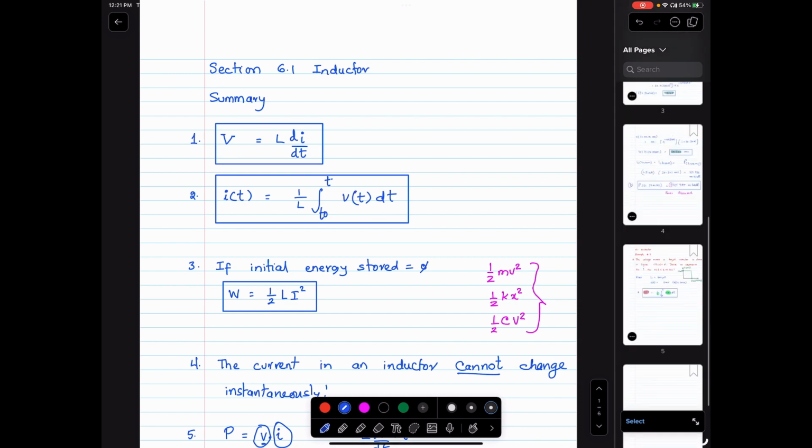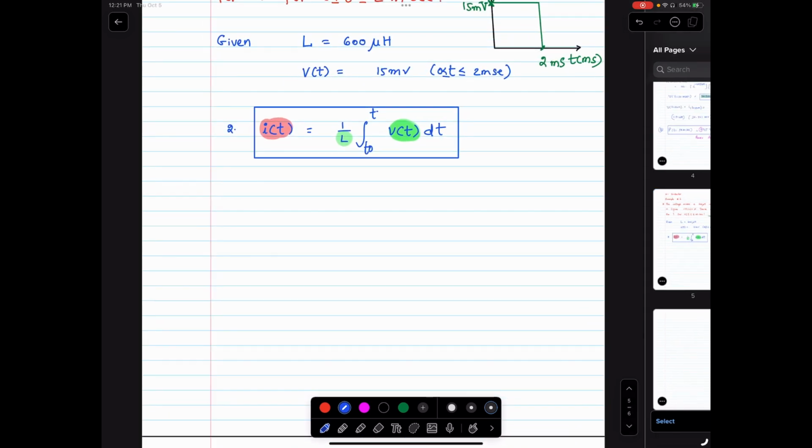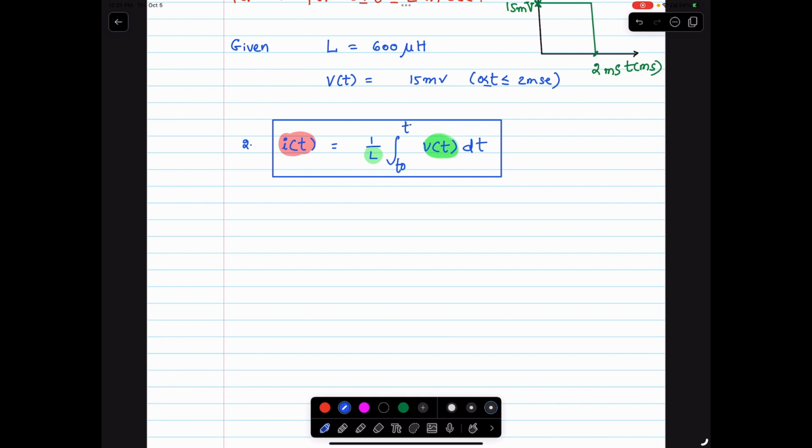We are going to apply this formula because we know the value of v of t and the value of L. Now, i of t equals 1 over L, which is 1 over 600 microhenry, multiplied by the integral from t naught, which is 0, to t, which is 2 milliseconds, of v of t dt, plus any initial current, which is given to be 0.